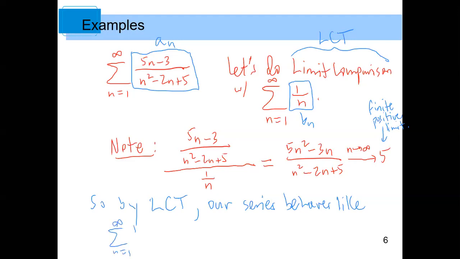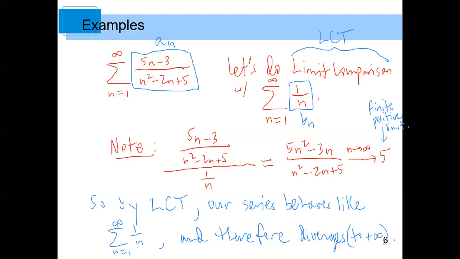Series n going from 1 to infinity, 1 over n. And therefore what do we know about series 1 over n? Diverges, and therefore diverges to plus infinity. Okay? Let me just be clear, to plus infinity is what we mean here. Okay? Does that make sense?